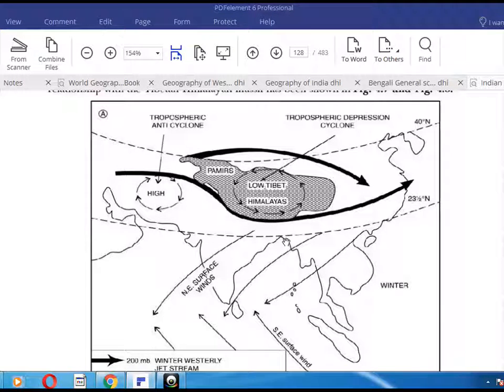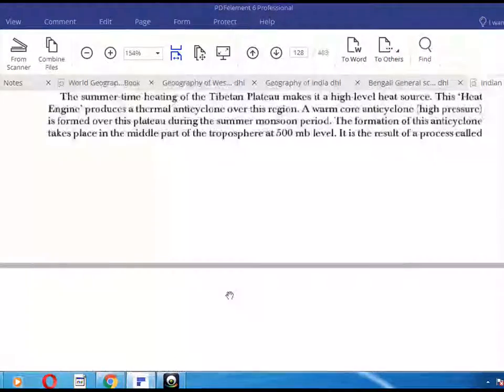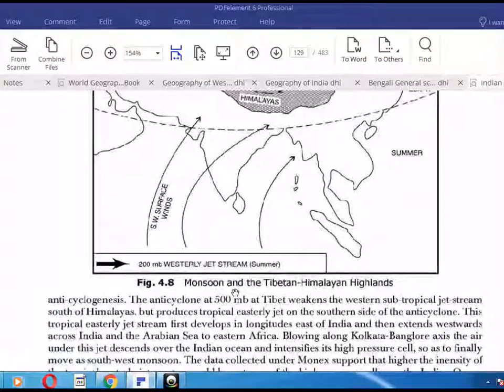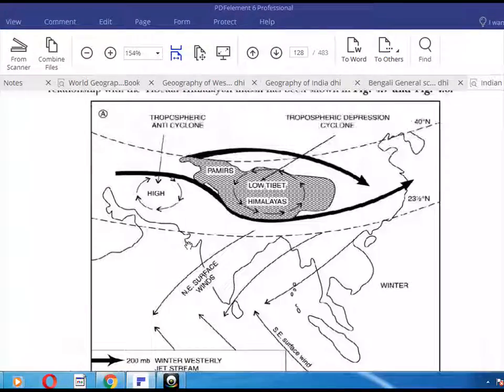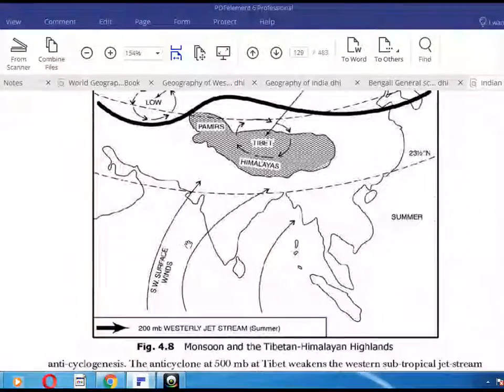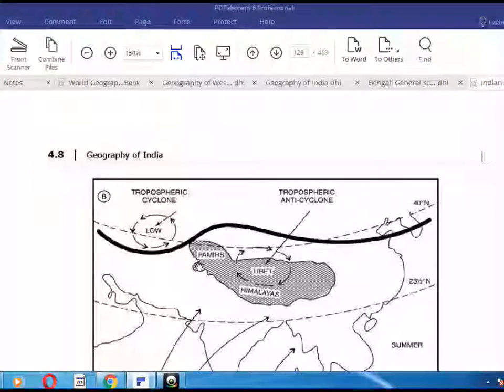Here you can see northeast surface winds now. This is the winter westerly jet stream, and here is the westerly jet stream in summer time. Here is low pressure, low tropospheric cyclone and tropospheric anticyclone over Tibet.